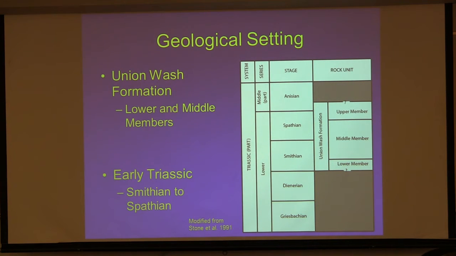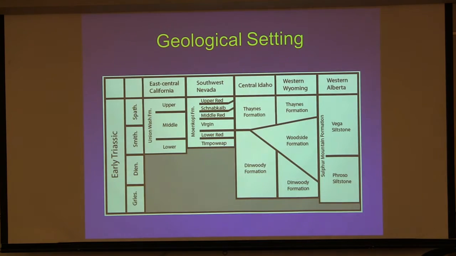The middle member bounded the Smithian and Spathian stages. The Triassic rocks can be correlated throughout the western U.S. to the Moenkopi Formation in southwest Nevada, the Dinwiddie Formation and Thaynes Formation in the Rocky Mountain States, and to the Vega Siltstone in western Alberta.